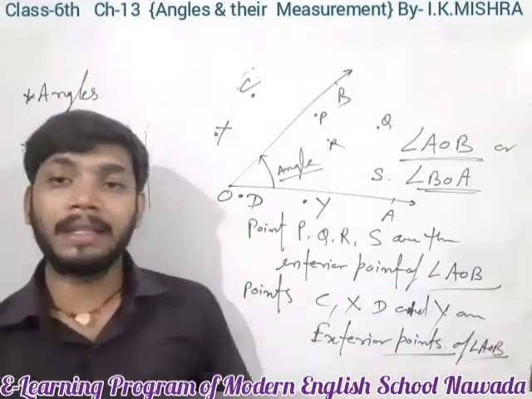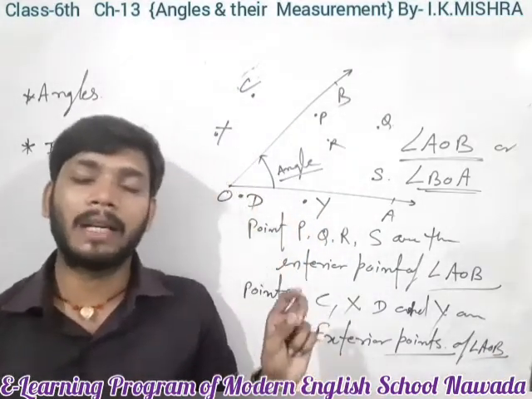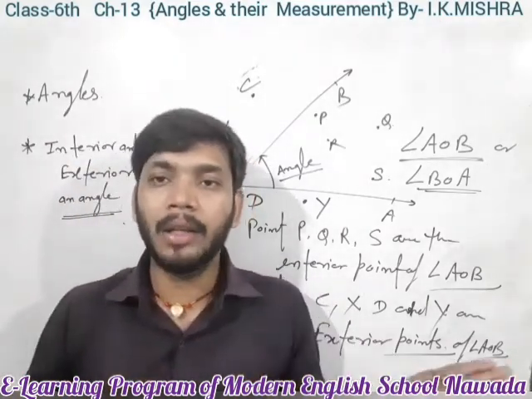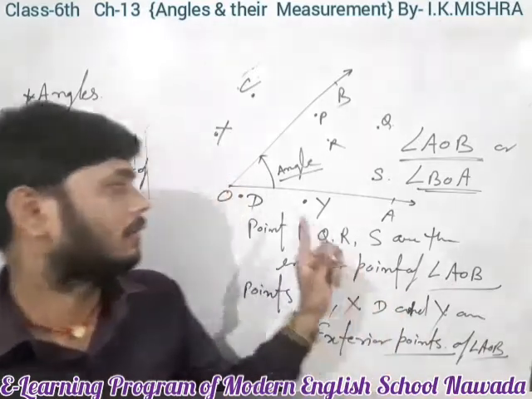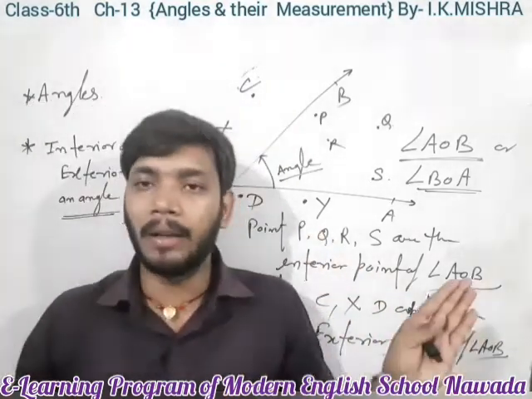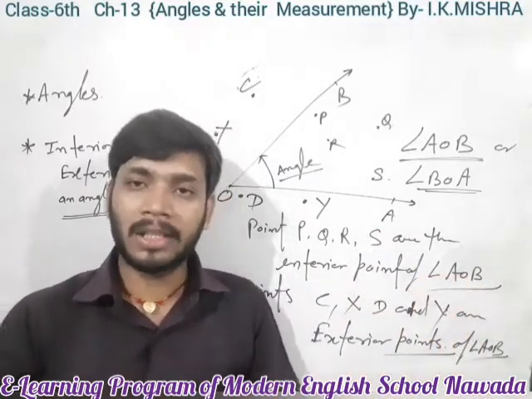Angle AOB's exterior points mean the points that lie outside the angle. Here these points D, X, Y lie outside the angle, so it is called exterior.